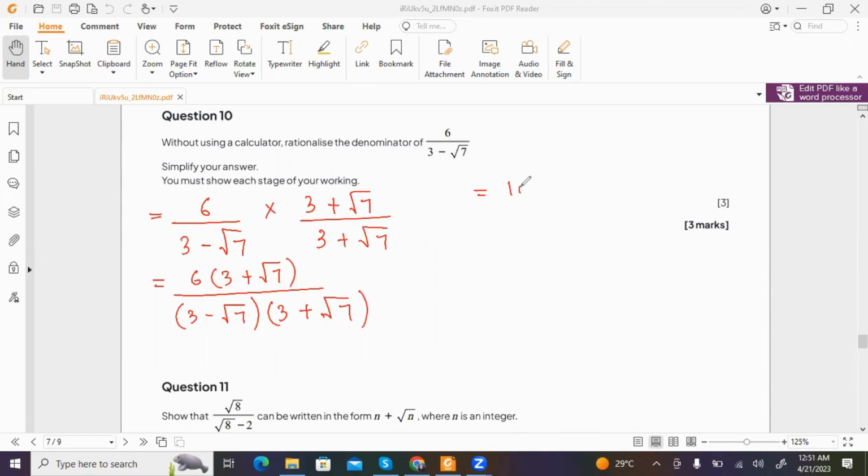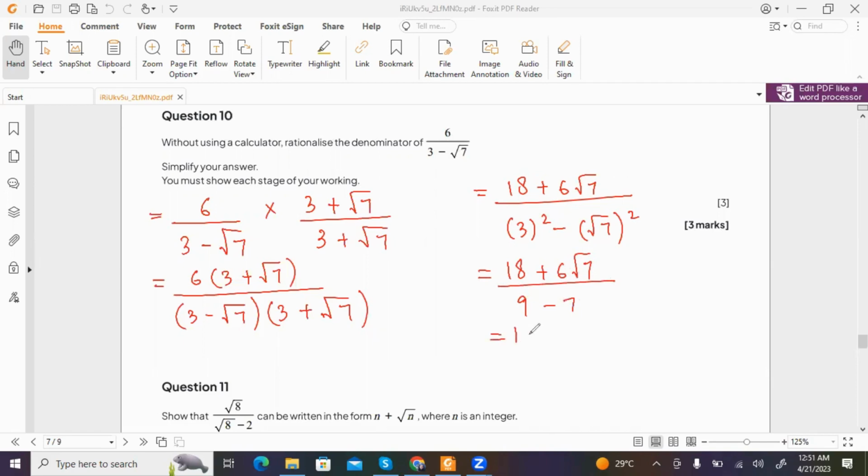That gives us 18 plus 6 root 7, and the denominator will be 3 square minus root 7 square. 18 plus 6 root 7 over 9 minus 7, which is 2.